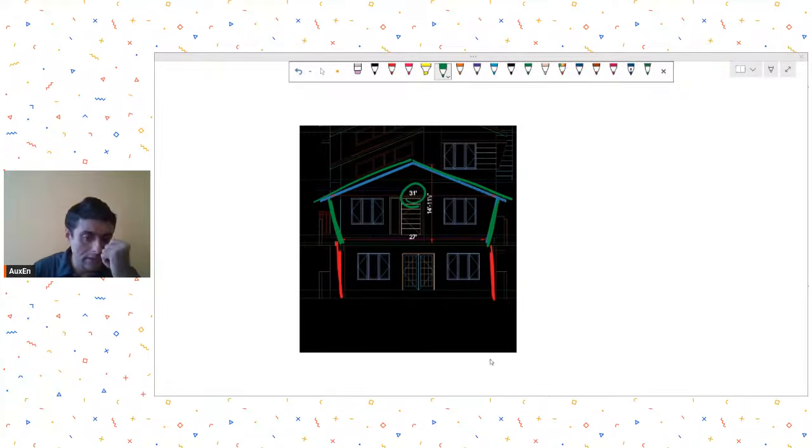So his question is how to design the roof, and the wall here is slanted. So the columns are also slanted, 6 feet in length. Bottom floor columns are straight, top floor columns are slanted, and it is due to some architectural requirement.